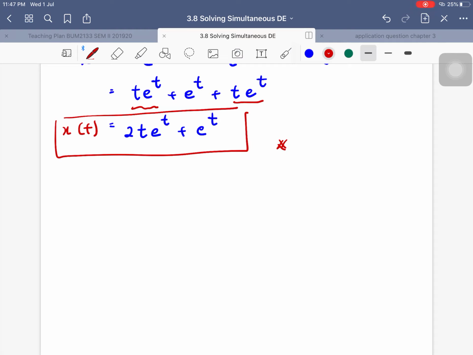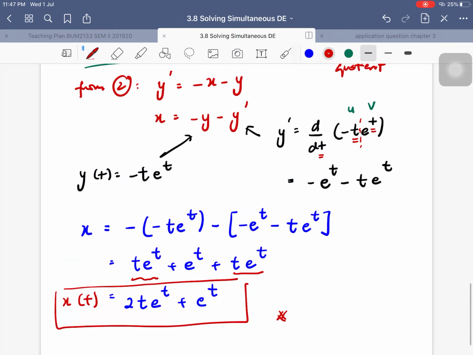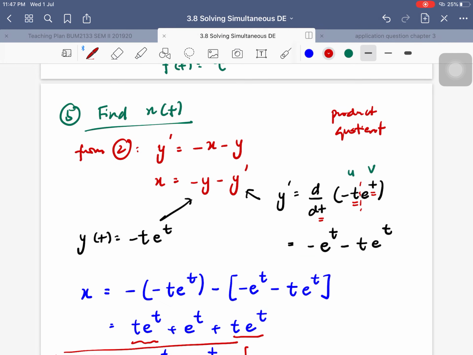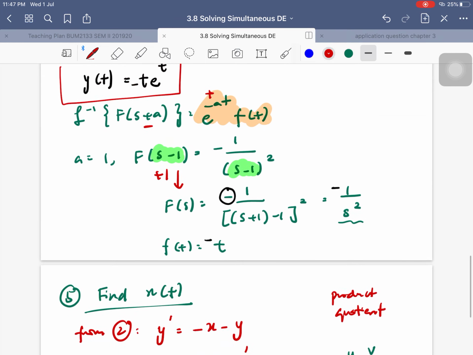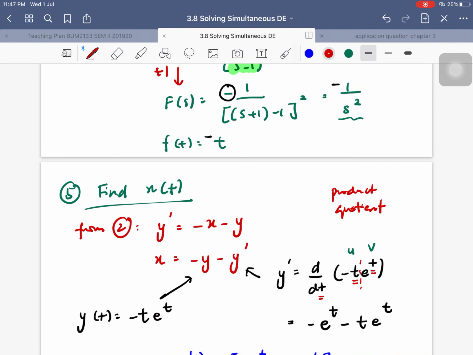But the thing is that when you do simultaneous differential equations, you have to be very, very careful, because there are a lot of equations involved, especially when it comes to the substitution and elimination. When you substitute or eliminate wrongly, the whole equation is going to be wrong, and there's a high chance that you would come across something that you won't be able to Laplace inverse, that you haven't seen before. So therefore, be careful with the substitution and elimination part. So that will be my first example.